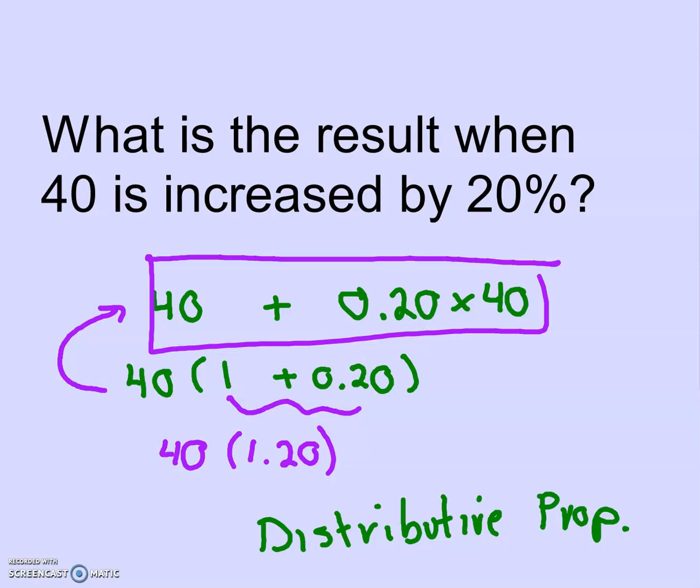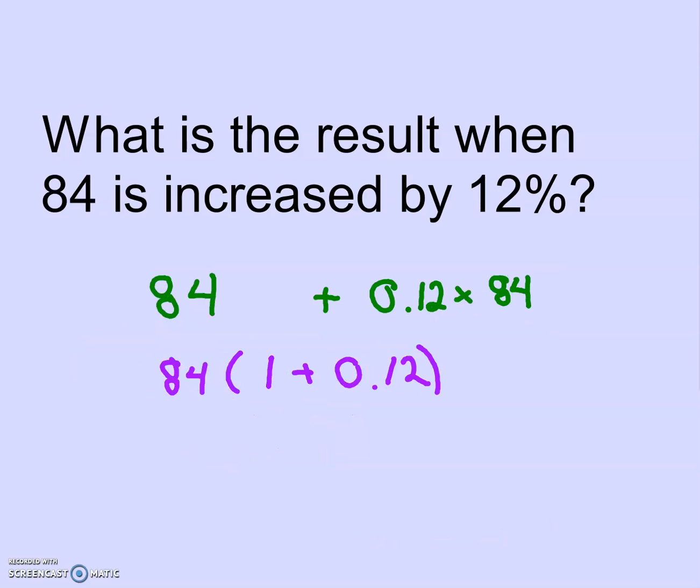So when I look down at this next one, I can combine this into 1.12, and now it's a simpler multiplication to do. 84 times 1.12 instead of 84 plus 0.12 times 84. It just makes it go faster.